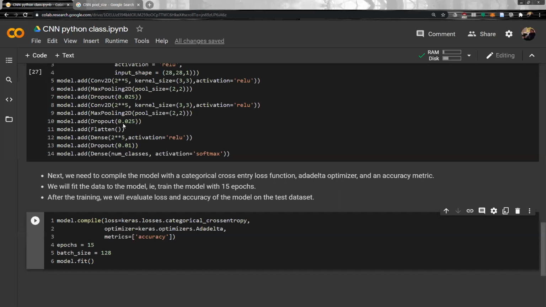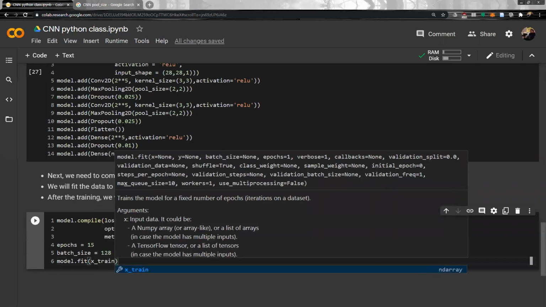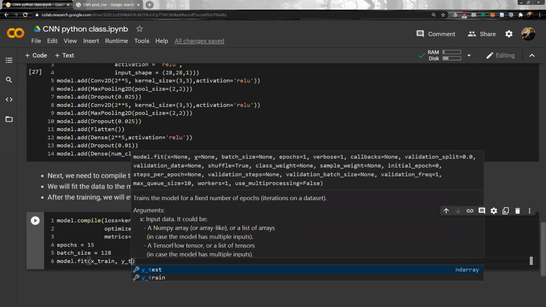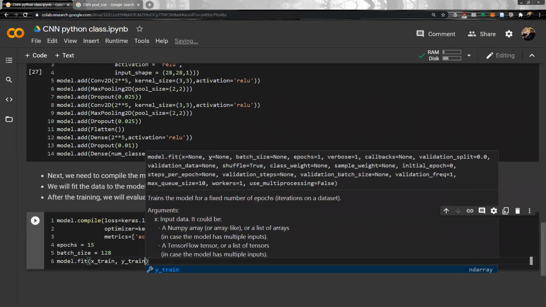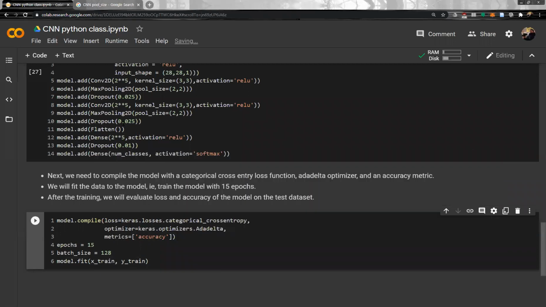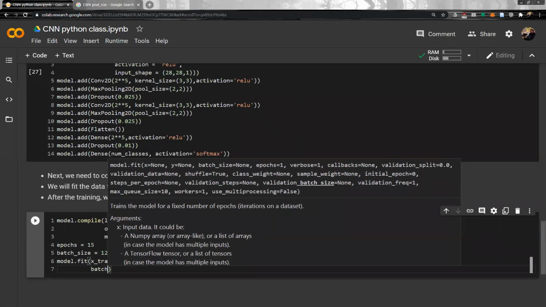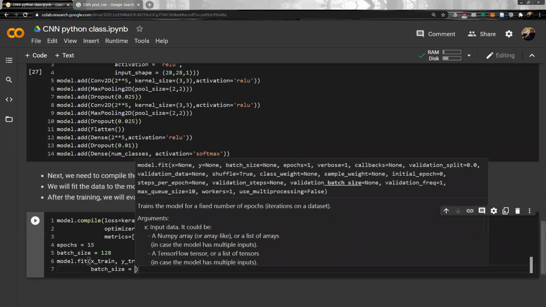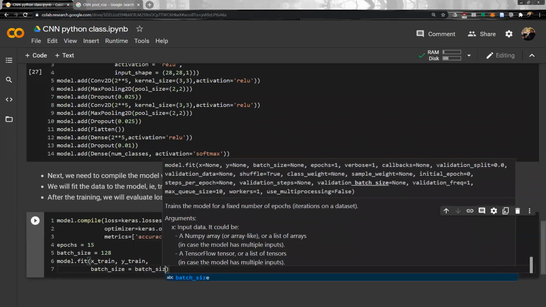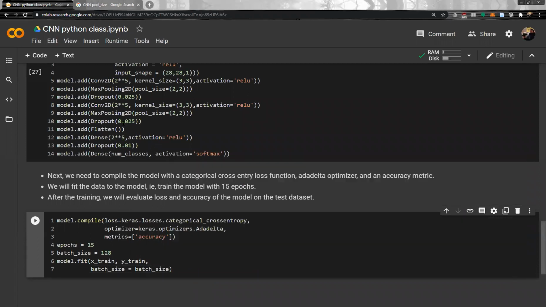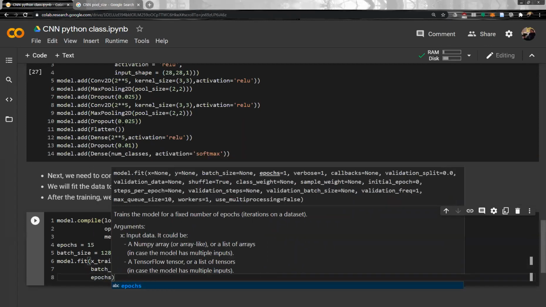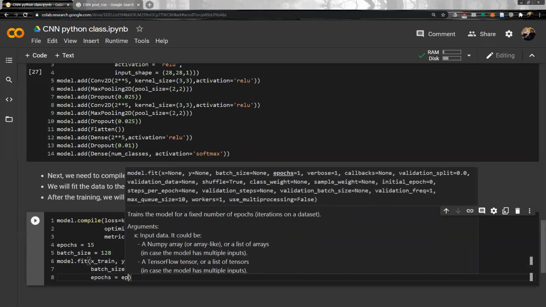And then in fitting the model, we will fit the training set, X to Y. Okay. And then batch size, which is 128. And then epochs, how many epochs we run.